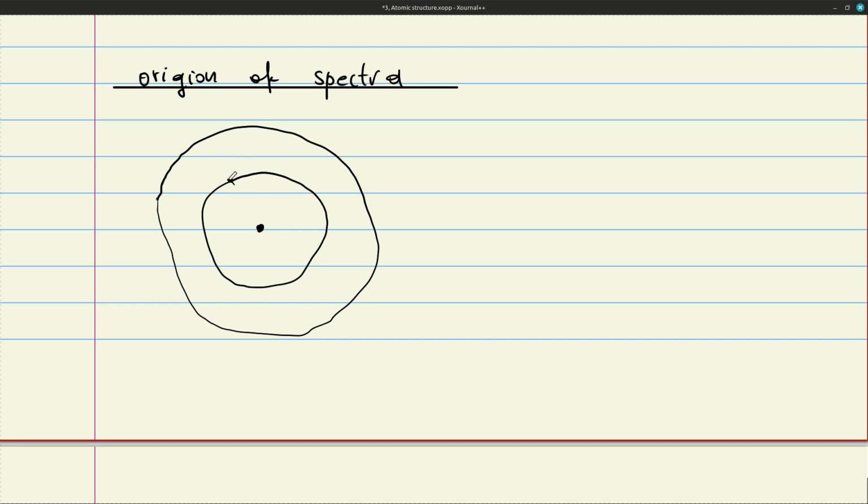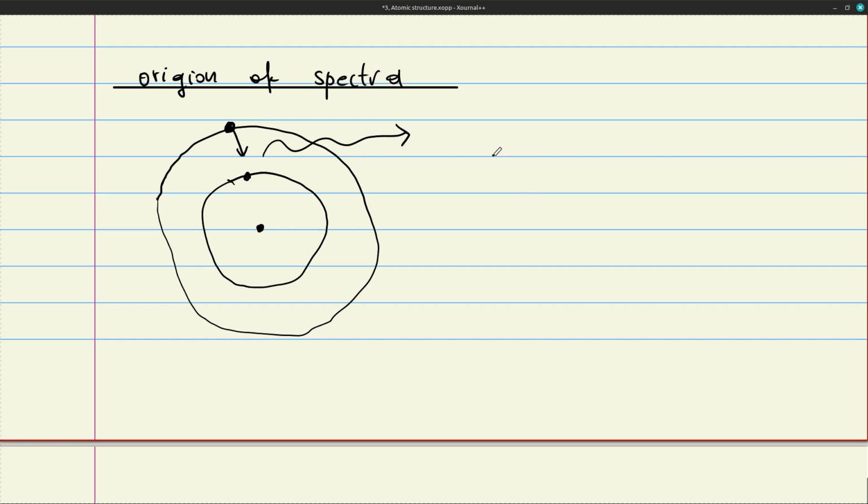You can put an electron in one of these orbits, but you can also put it in a higher orbit, right? And anytime the electron wants to come down to a lower orbit, you can do that, but there is an excess of energy which should give rise to radiation of energy.